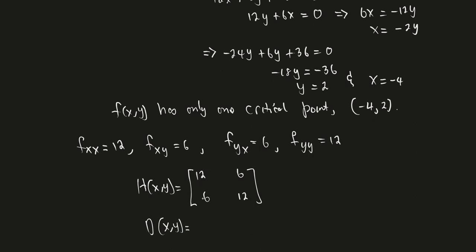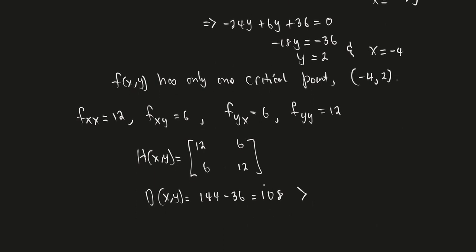It's 12 times 12. So that's 144 minus 36. Oh, I wrote 38, but I meant 36. And then that's equal to 108, which is positive.